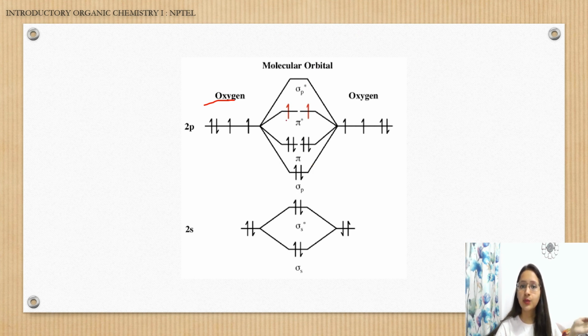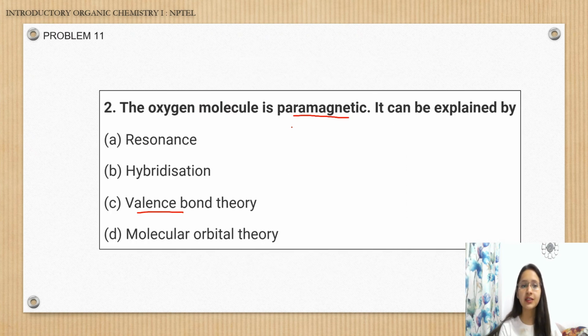occupied, right? So here, in the case of oxygen, we have studied this molecular orbital diagram, that yes, here the two electrons are partially filled, right? These orbitals are partially filled, because of this the two electrons are free. So here it is paramagnetic.